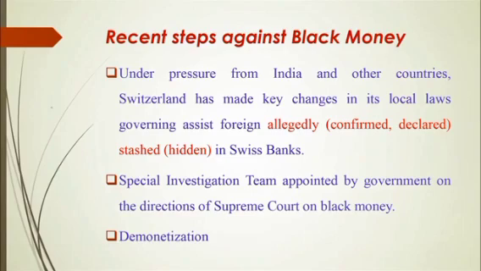So the money which was hidden in the Swiss bank in Switzerland. The next step is that a special investigation team was appointed by government on the directions of Supreme Court on black money. Next step is demonetization.